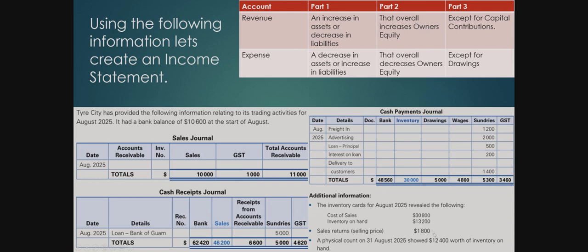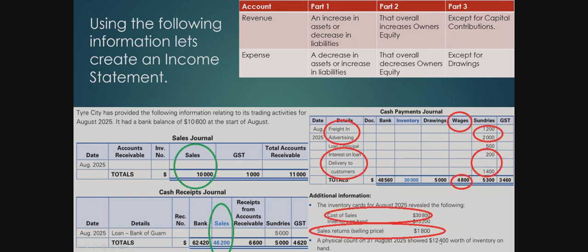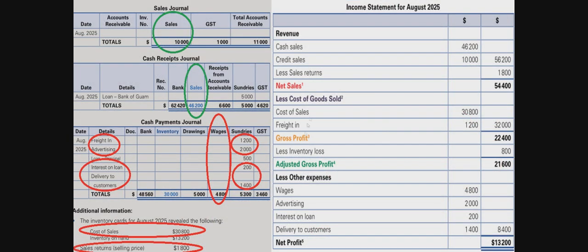The difference between these two is $800. So we lost inventory of $800. Since we lost $800 worth of inventory, we have to take it away from our gross profit. So in the end, our adjusted gross profit is $21,600. This tells us how much revenue we have made just purely after accounting for the cost of selling the goods.